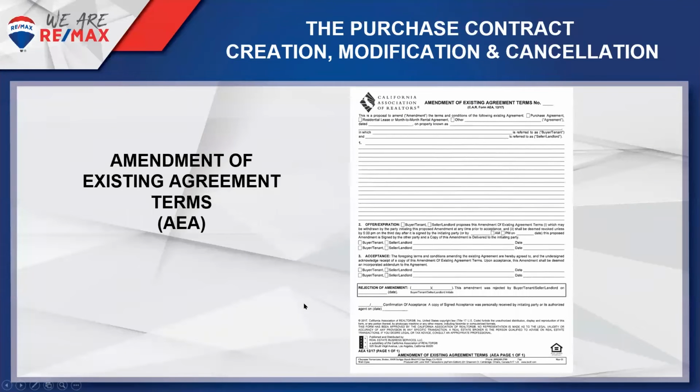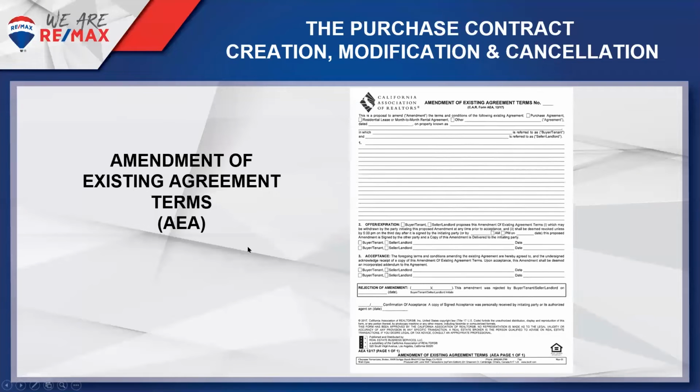Okay. Now, there's an interesting new form, and that's the amendment to existing agreement terms. That form is not to replace an addendum in general. It's more to replace a repair request, believe it or not.